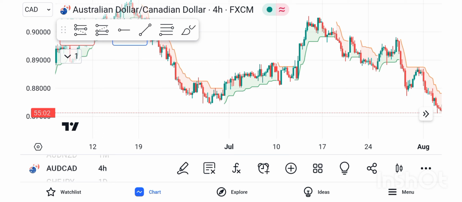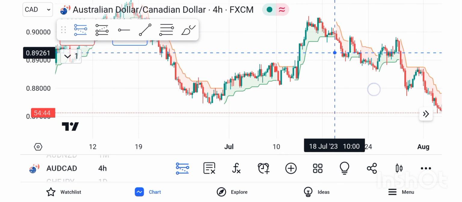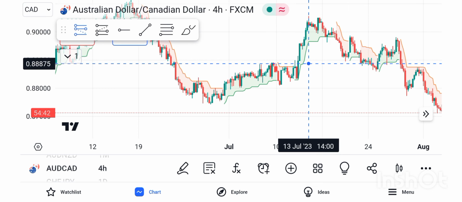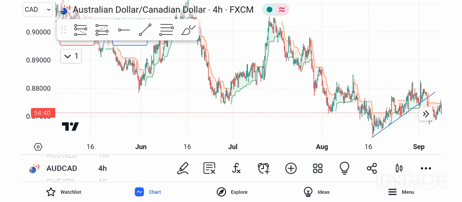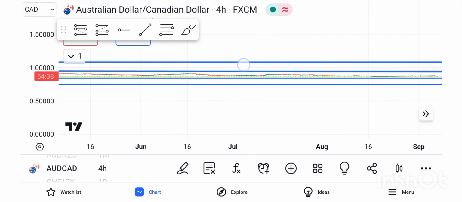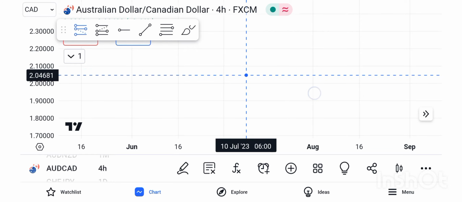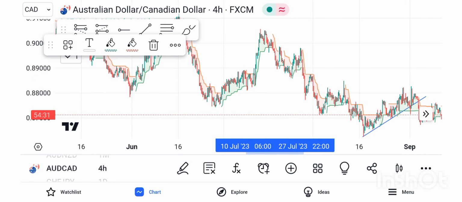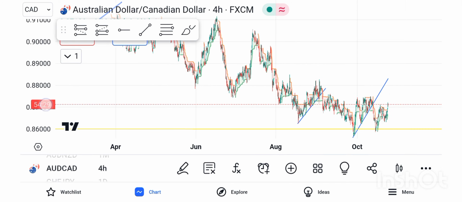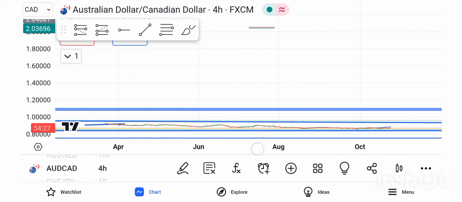I don't know if you understand. What I mean is, let's assume we take a sell trade somewhere around there. Just give me a second. Let me quickly do this on a clean sheet. So you take a sell trade somewhere around here.